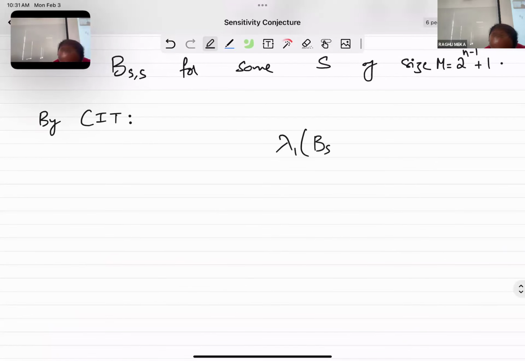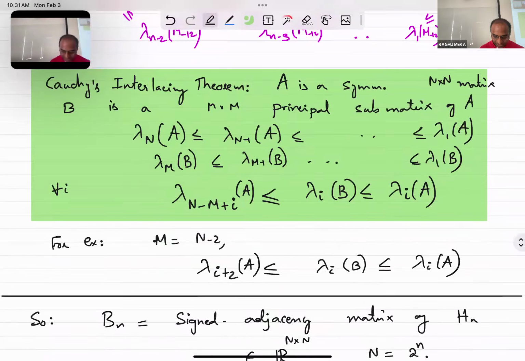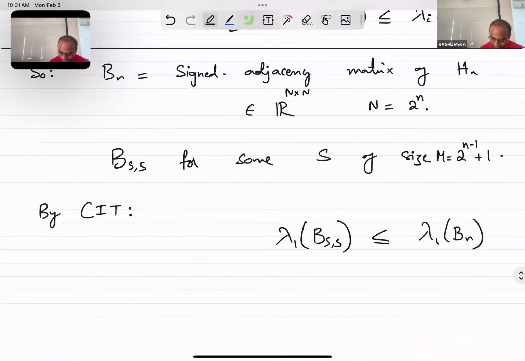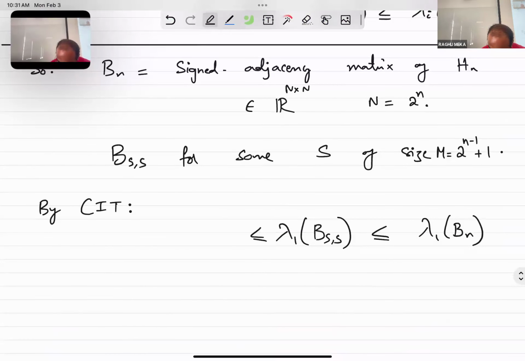So this is true because it's just a submatrix. And the other thing is it's going to be lambda n minus m plus 1 of B. So the largest eigenvalue here is always, of course, the largest eigenvalue.